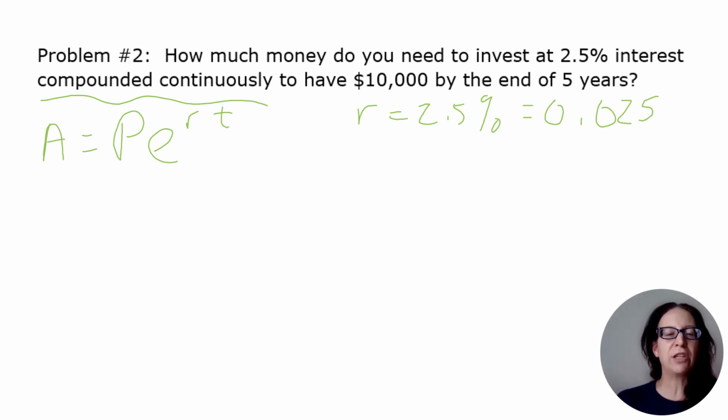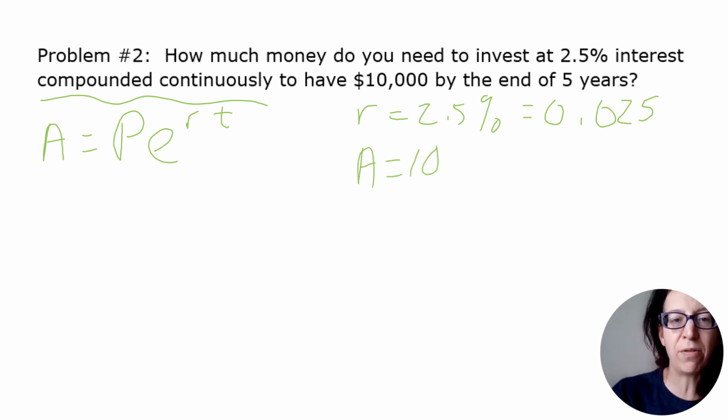It's compounded continuously. We want to have $10,000, and the amount of time that we're investing it is 5 years.